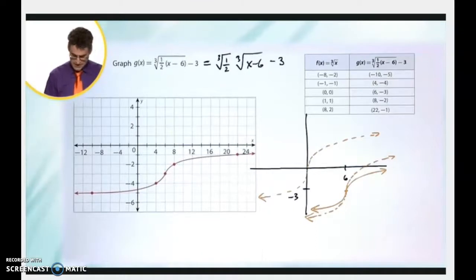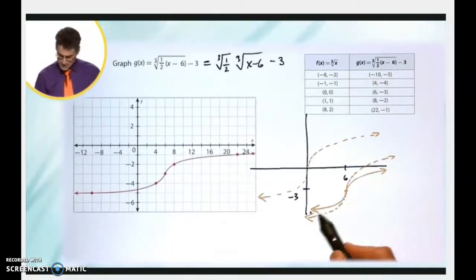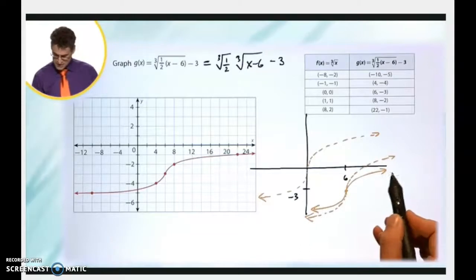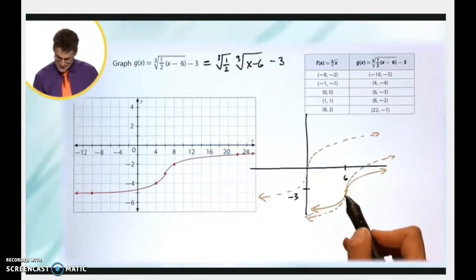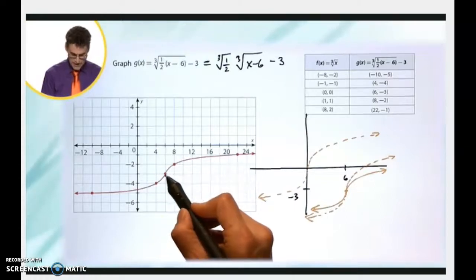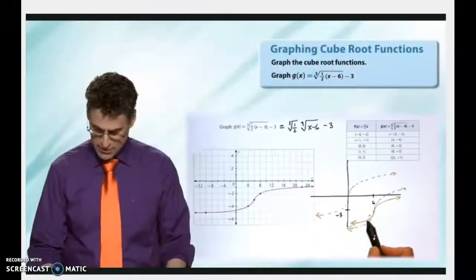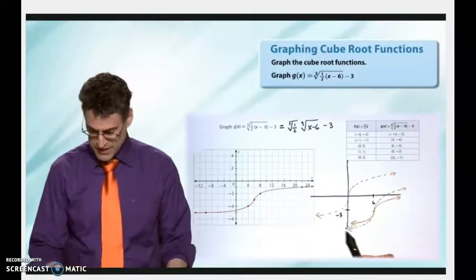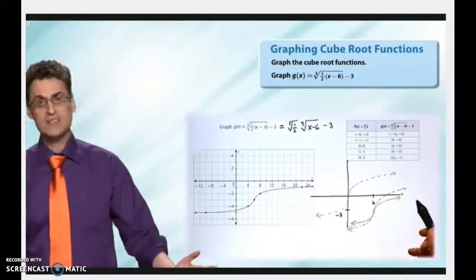Let's compare that to the actual graph, and you see that my picture is actually not bad. Do you see my picture in here? And notice that at 6, negative 3, here's 6, negative 3. There's that turning point. It's exactly what we have here. So my curve, I don't think, is that bad. And I have no points in there at all.